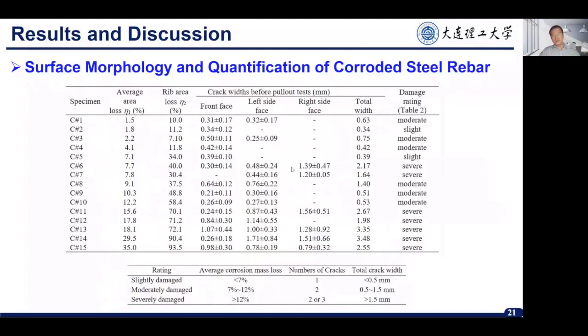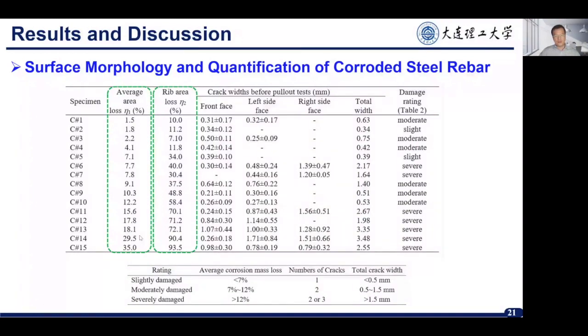So this table summarizes all the 15 corroded specimens, including eta 1, eta 2, and also the crack information. We can see here, eta 1 is the area loss, and this is the rib area loss. The rib area loss is almost always greater than the average area loss.